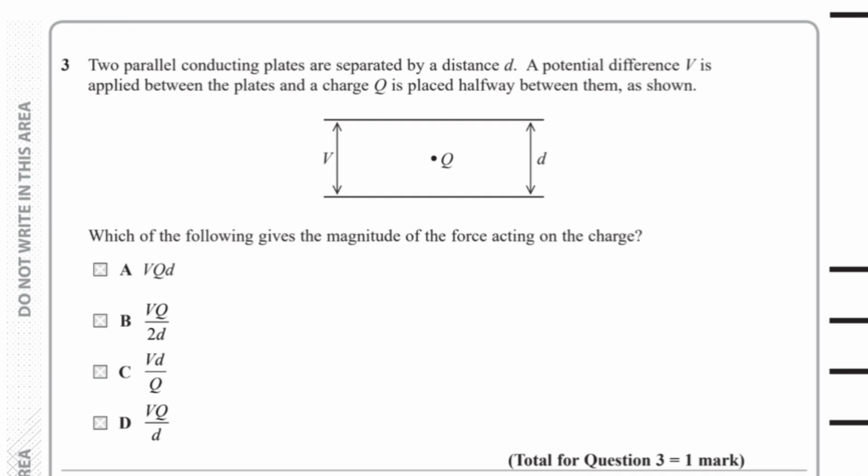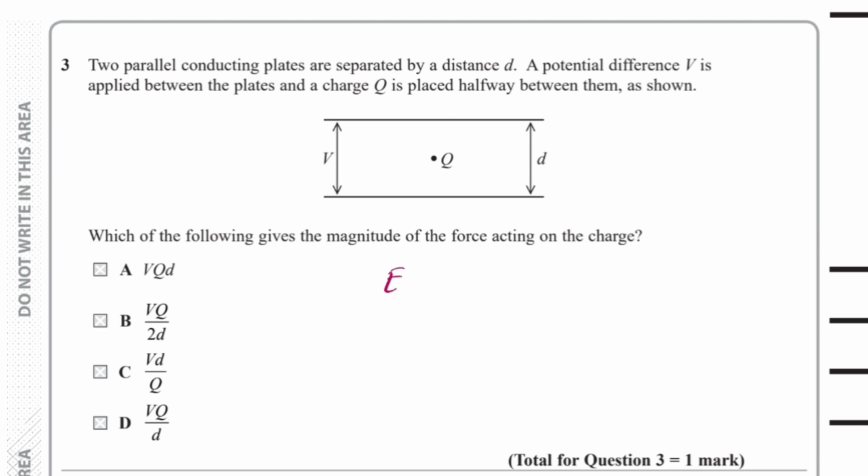Number 3. Two parallel conducting plates are separated by distance d. A potential difference V is applied between the plates and a charge Q is placed halfway between them as shown. Which of the following gives the magnitude of force acting on the charge? Now, electric field strength is the force per unit charge experienced by a test charge placed in a field.